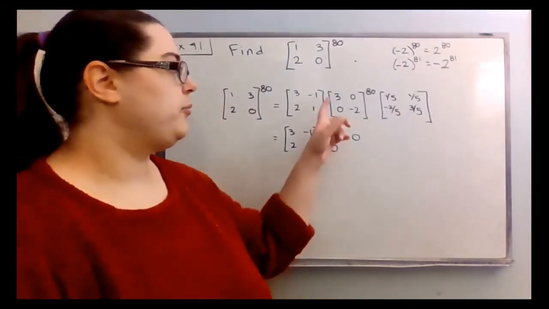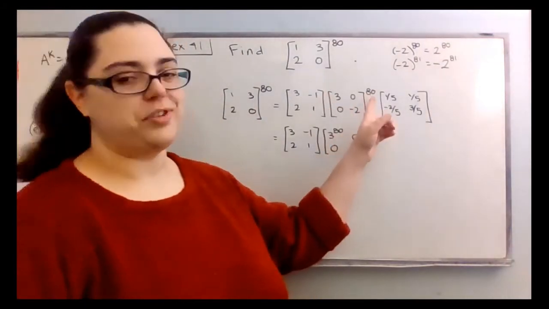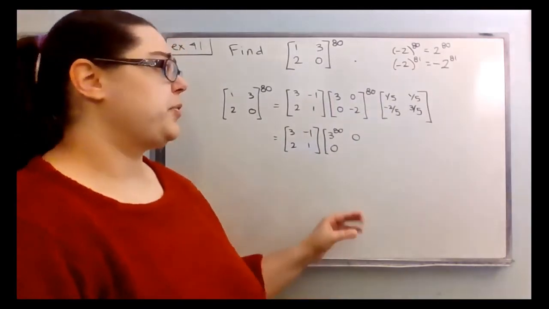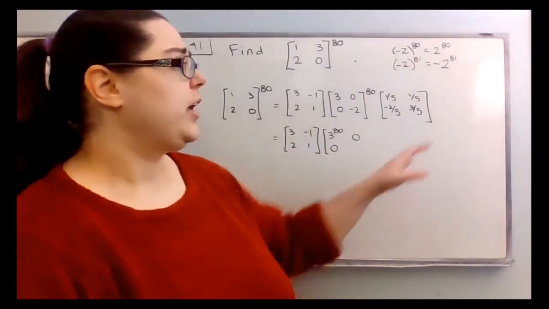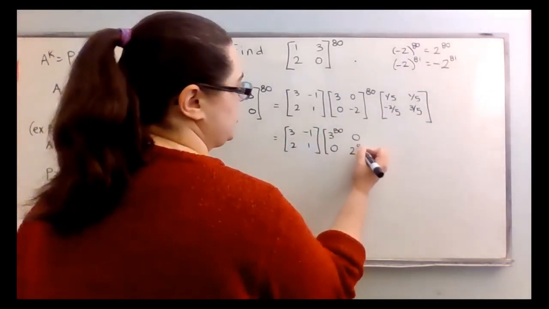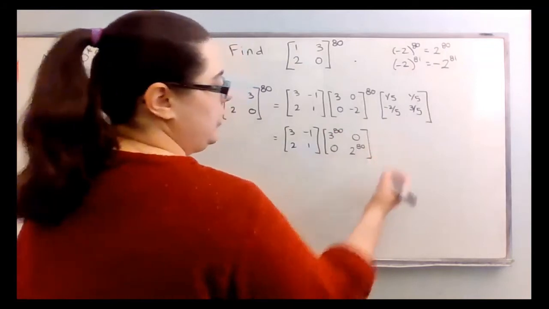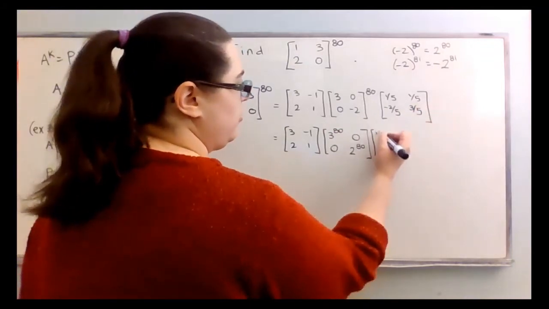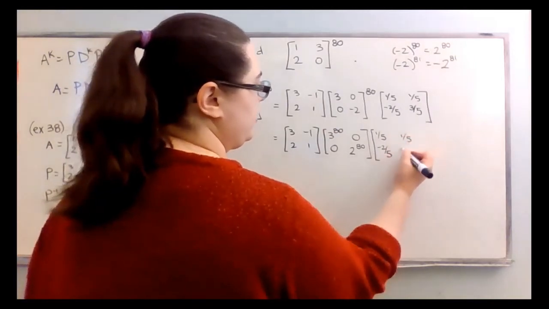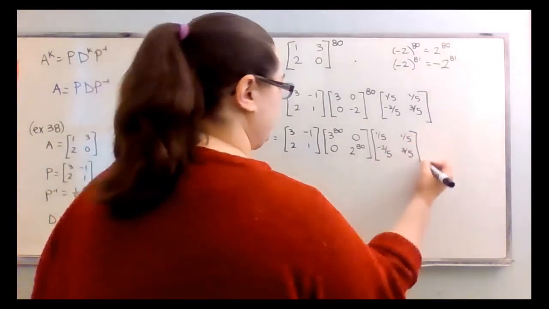So when you're raising the diagonal entries to the exponent, just be mindful if you have a negative entry, whether the exponent is odd or even, and how you're going to simplify that. In this case, we're just going to get 2 to the 80th. And then we have 1/5 minus 2/5, 1/5, and 3/5.